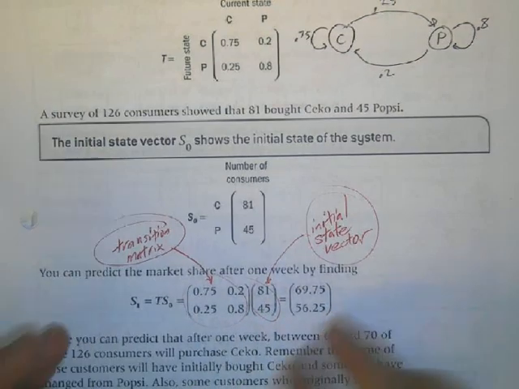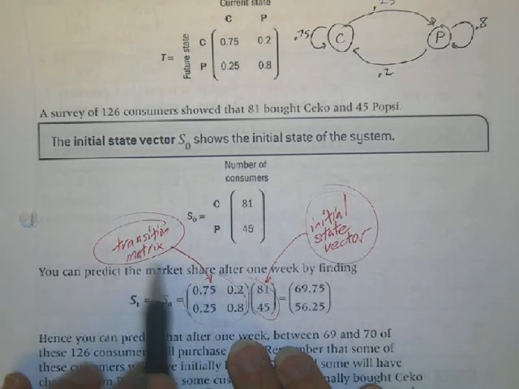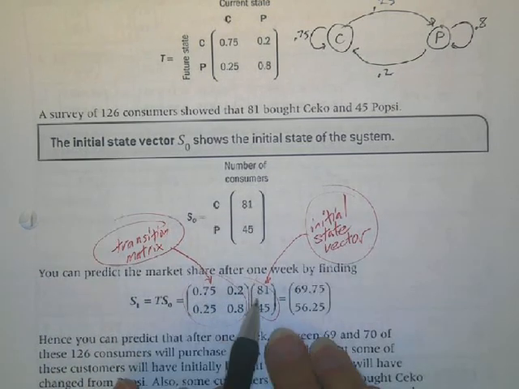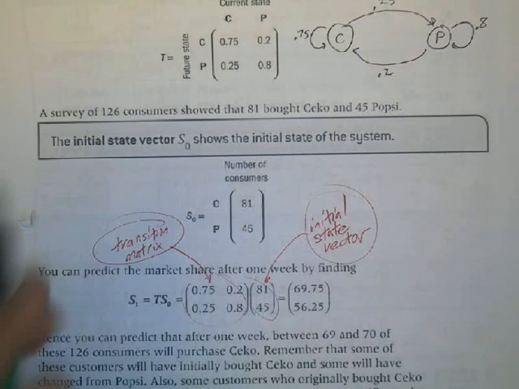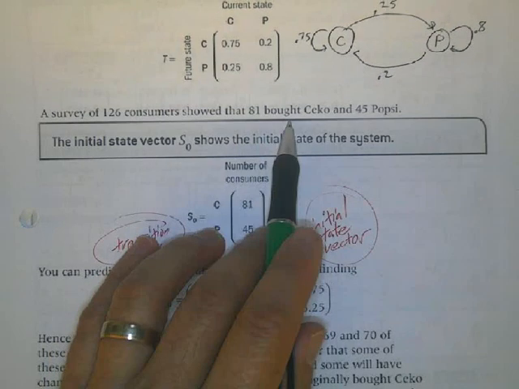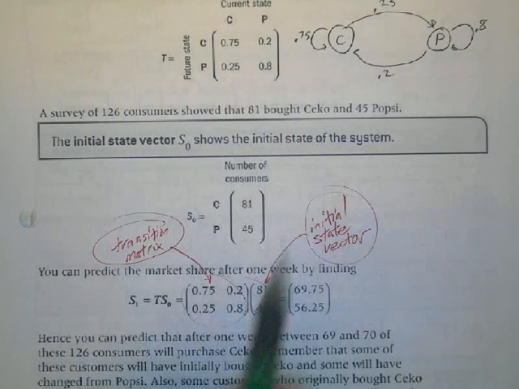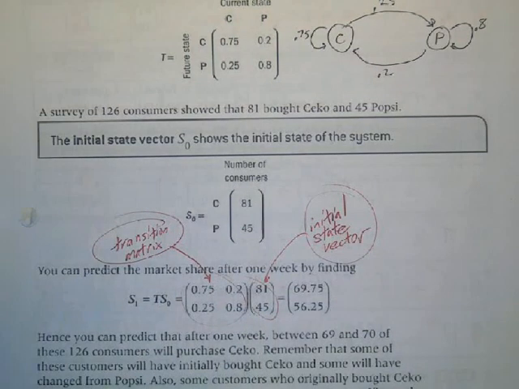So let's talk about this. What do we have here? This matrix is our transition matrix, and this value is our initial state vector. In this example, there were 126 customers, 81 bought Coca-Cola, and 45 bought Pepsi.